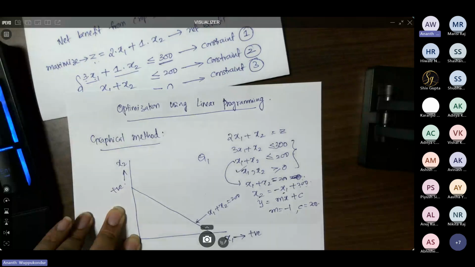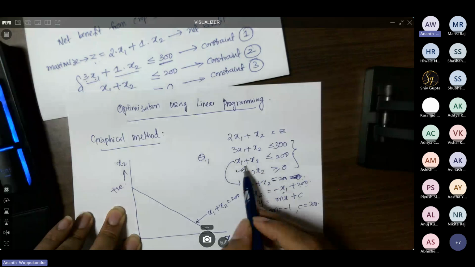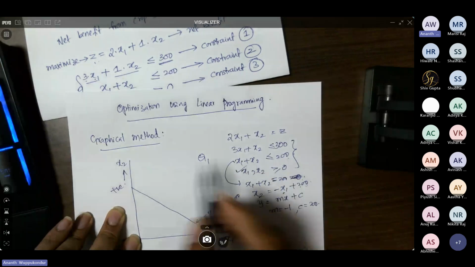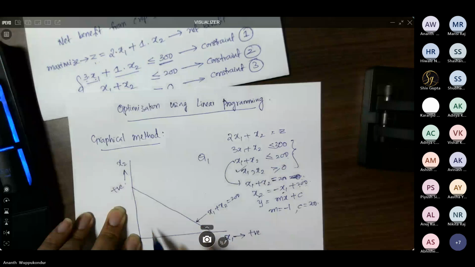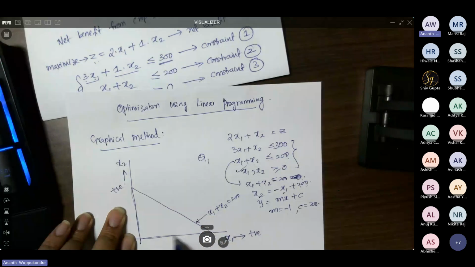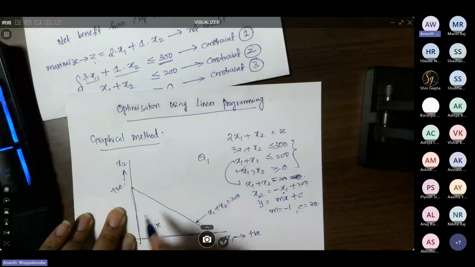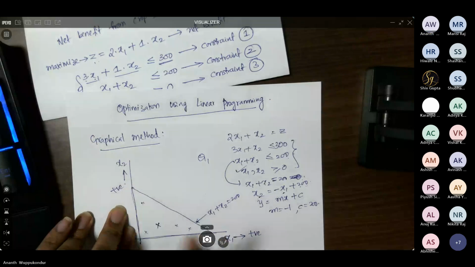Now the region that we are interested in is x1 plus x2 less than or equal to 200. Meaning we are interested in the region that falls between the axes and the line itself. So we are interested in all of this triangular region. This is where our solution lies.